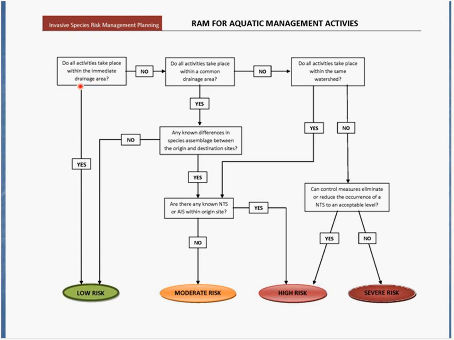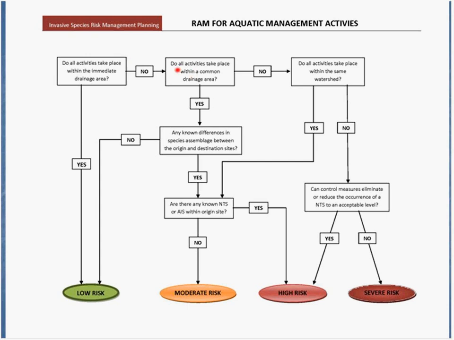So if you're going to one site, then you say yes. But if you're going to multiple sites, you start moving over here. So it's based on where it drains to. If you really truly are only conducting your activities at one site and one site only, you could potentially say that you have a low risk activity.